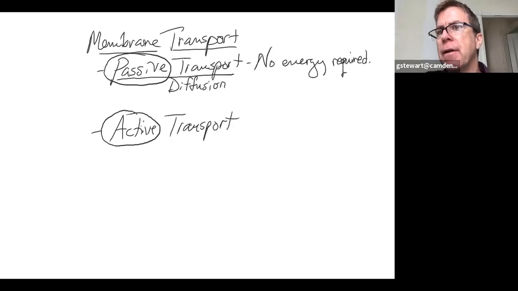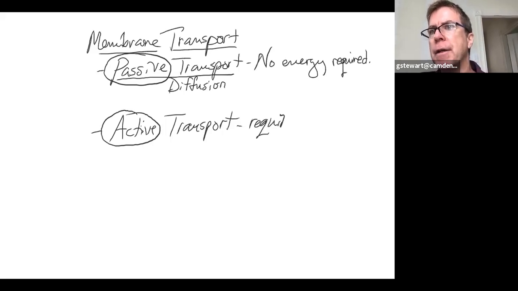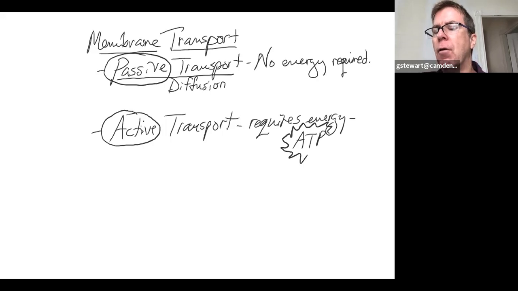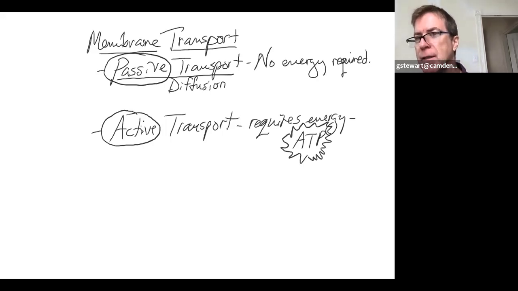Active transport, on the other hand, requires energy. We have to spend some energy for it to happen. And that energy that we spend is that ATP. So our cells make ATP all the time, all day long. But we also use that ATP, that fuel, to perform body functions.